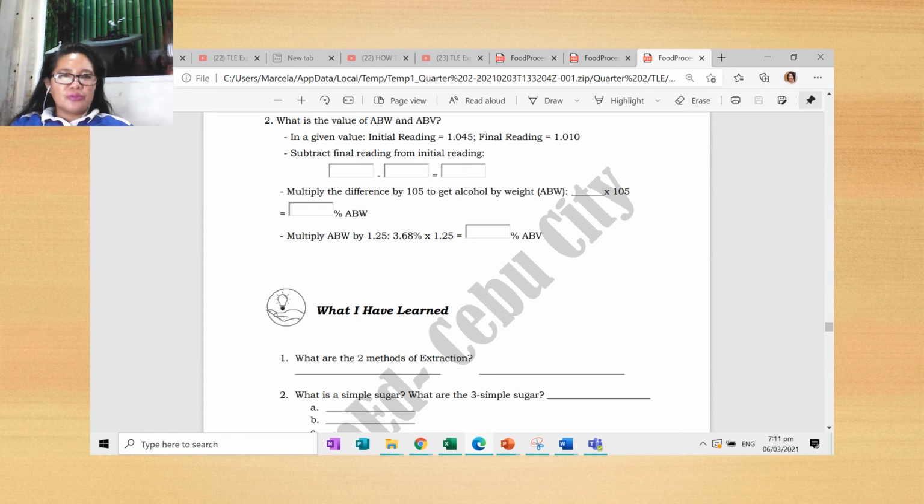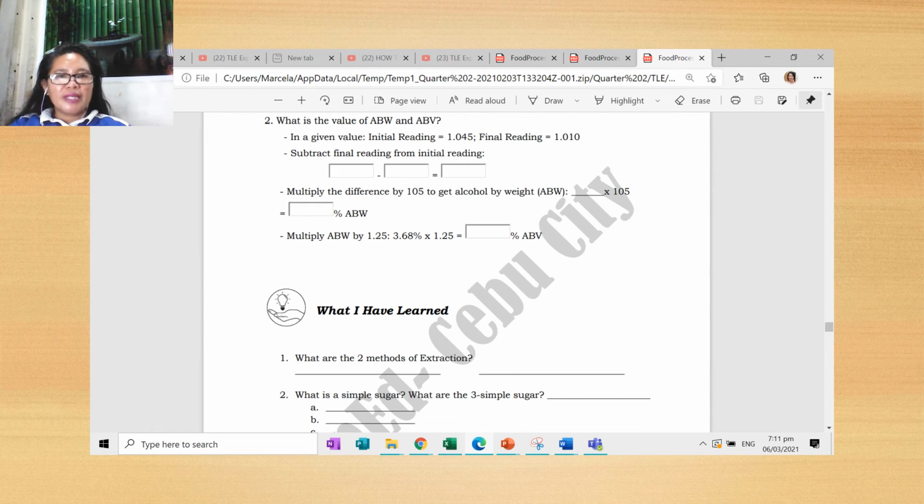Number 2, what is the value of ABW and ABV? It is in the given values, the initial rating and the final rating. Subtract the final rating from the initial rating. I was explaining that earlier.